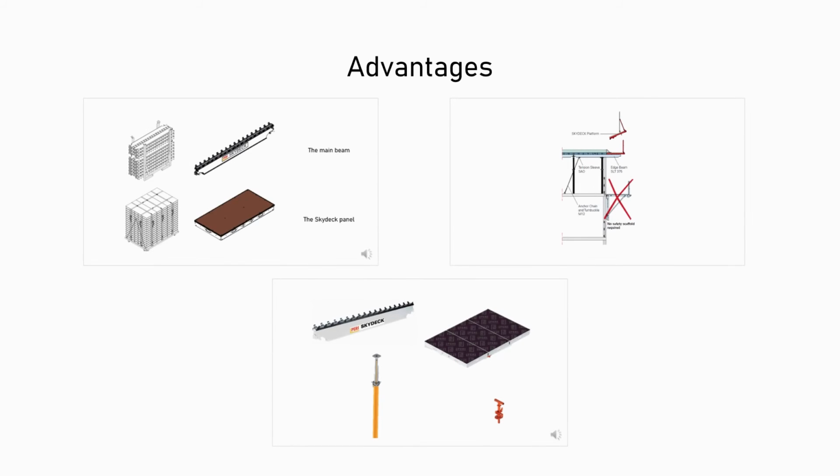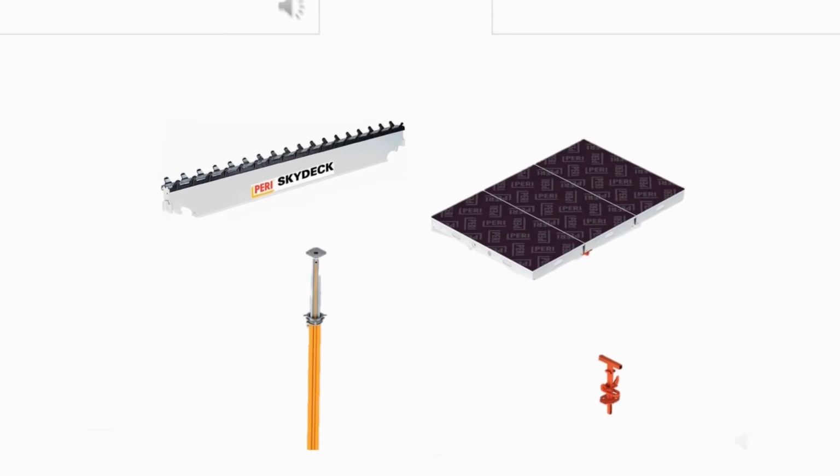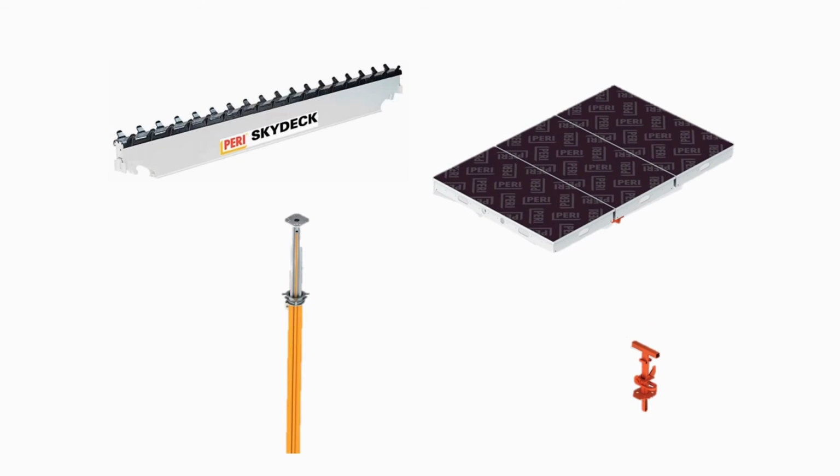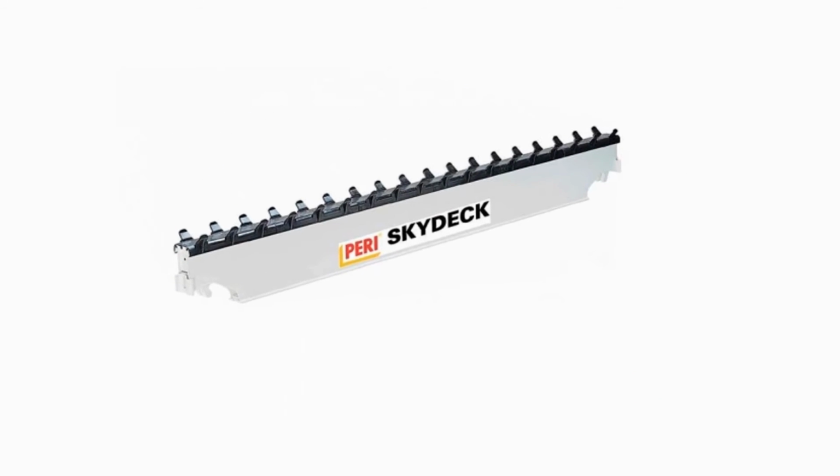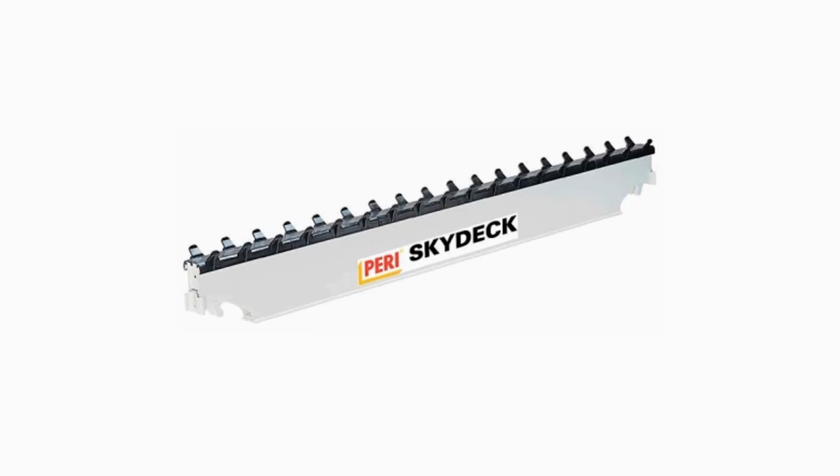The third advantage is easy cleaning. The Skydeck slab formwork system has been designed in all respects to ensure that only a minimum of cleaning effort is required. In the case of the main beam, it is powder coated and the rack is made of plastic. This prevents adhesion of the concrete and minimizes cleaning requirements.